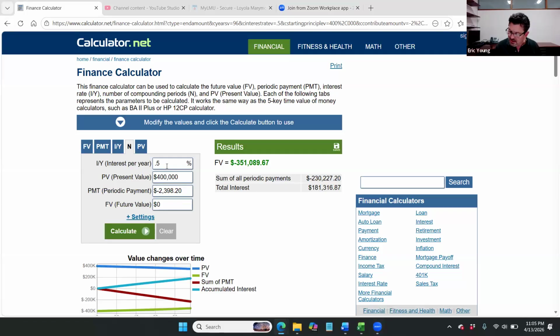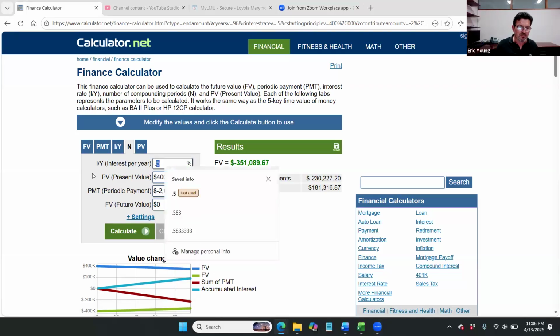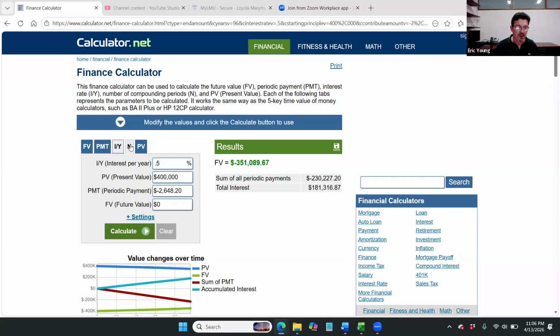Our monthly rate is still 0.5%. We took out a loan of 400,000, but now we're making our payments of 2648.20. We added 250 bucks in. We're paying it off. So what are we asking? We're saying, hey, computer, if I have a loan for $400,000 that charges 0.5% monthly, and I'm going to pay $2648.20 per month, how many Ns, how many months till I pay it off?